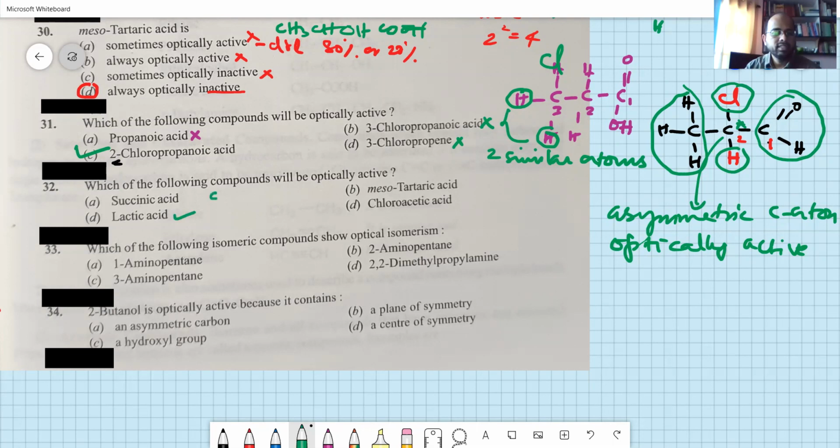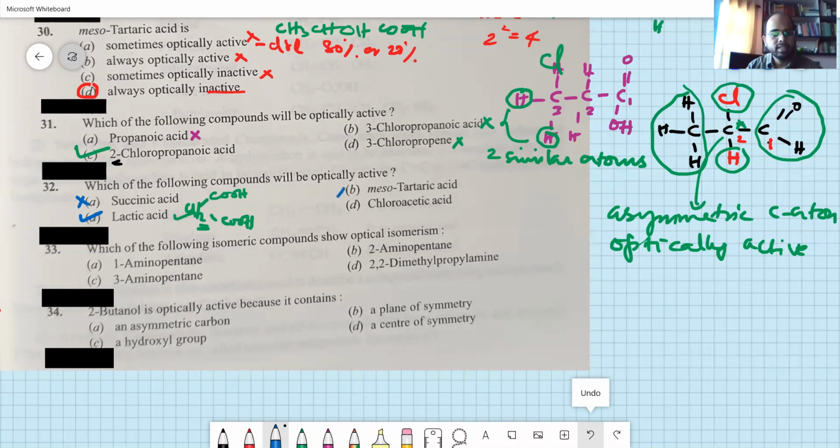In succinic acid, you will have COOH, CH2, and again the same CH2, COOH. Both atoms are same, therefore it cannot be optically active.